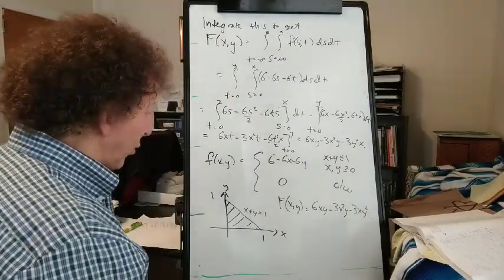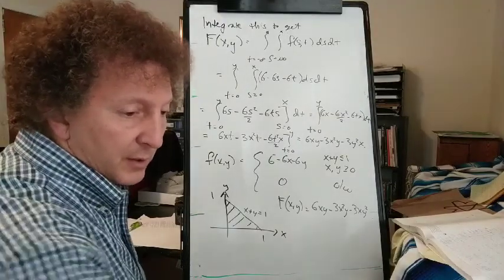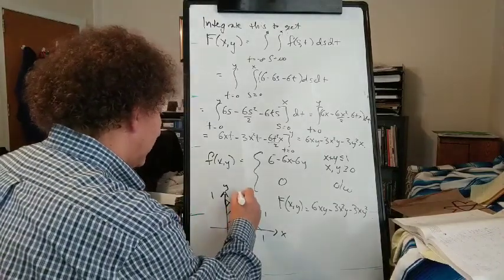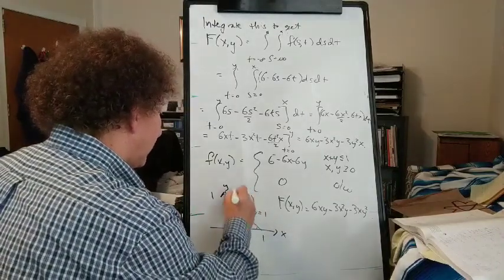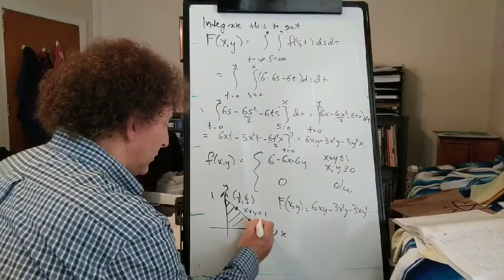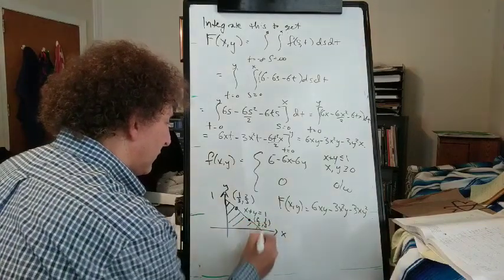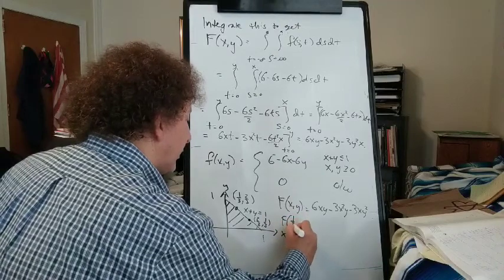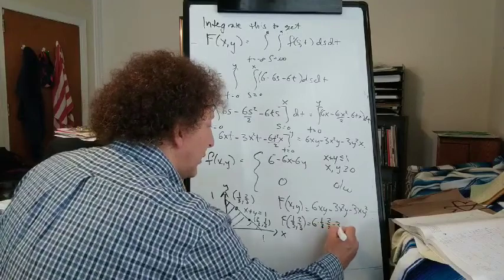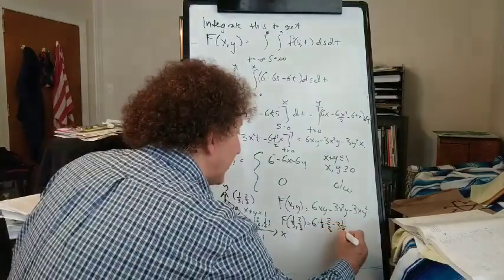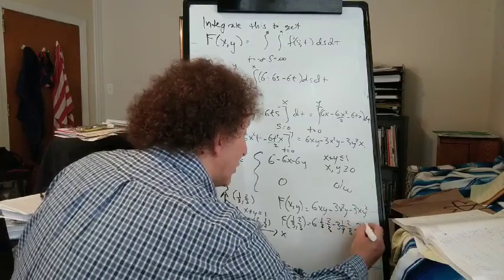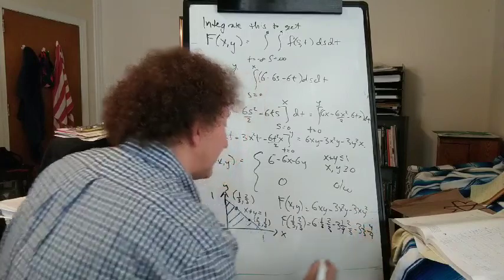So if we pick a point in here, say 1/3, 2/3, so this point, F of 1/3, 2/3 should be equal to F of 2/3, 1/3. F of 1/3, 2/3 equals 6 times 1/3 times 2/3 minus 3 times 1/9 times 2/3 minus 3 times 1/3 times 4/9.